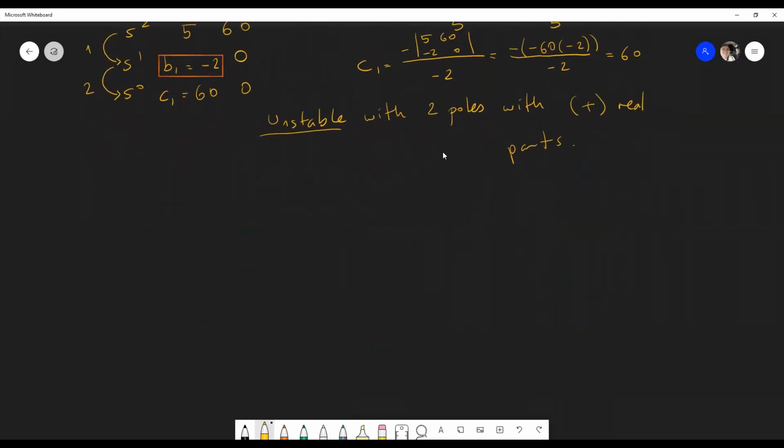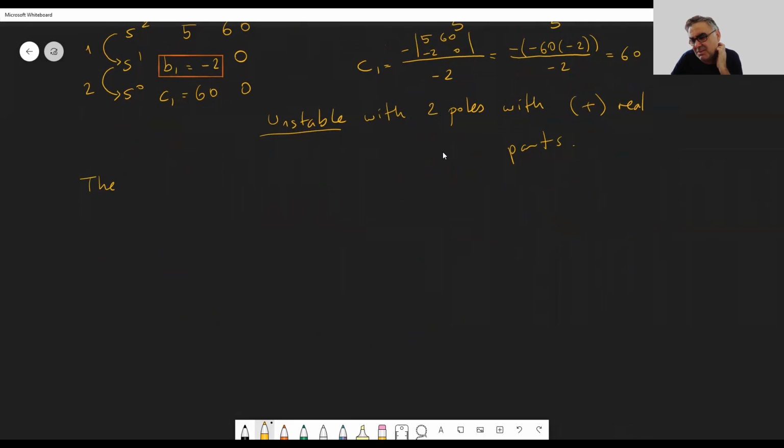Hocam, what if all of the numbers in the first column are negative? What happens then? Well, it doesn't happen actually. You cannot have that as far as I can see.